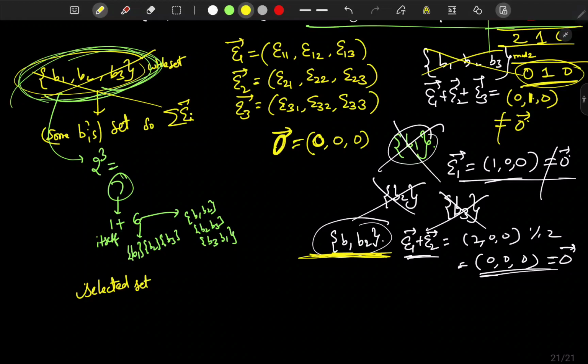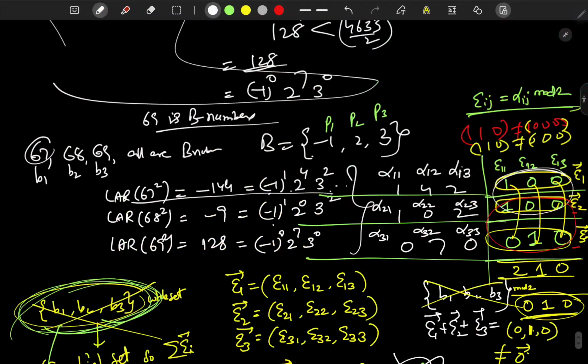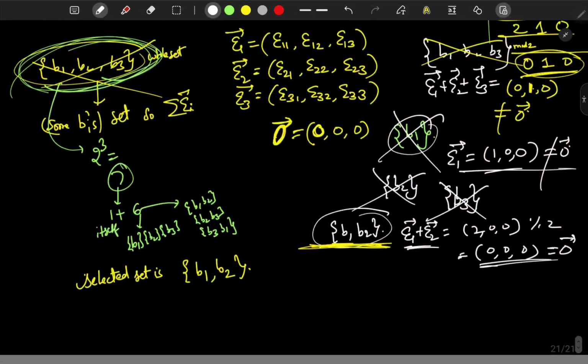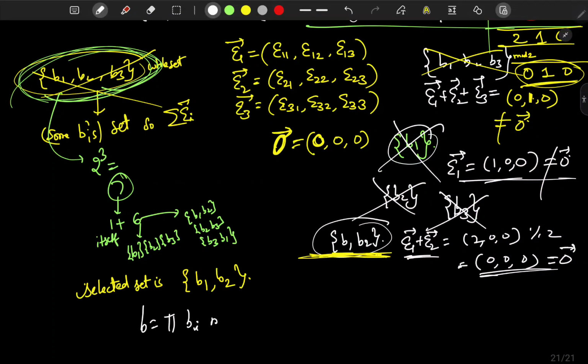So the selected sets are B1 and B1, B2. Now B is nothing but the product of the Bi mod n. Remember, B equals the product of Bi mod n. You should not think that the B value is all of B1, B2, B3 multiplied together and taken mod n.